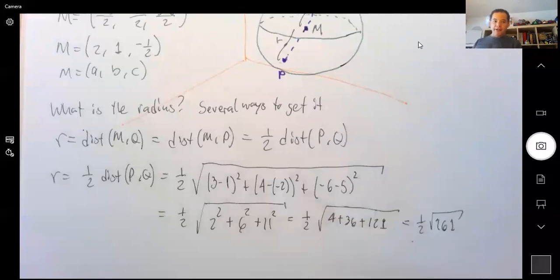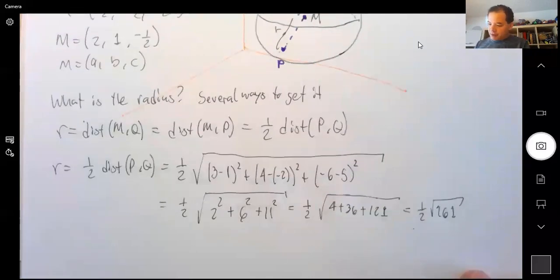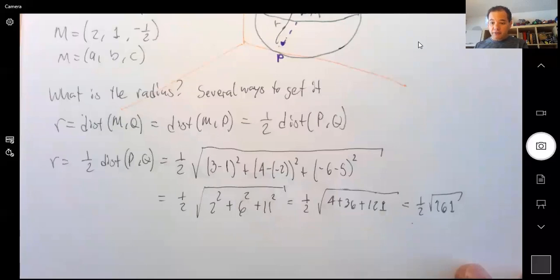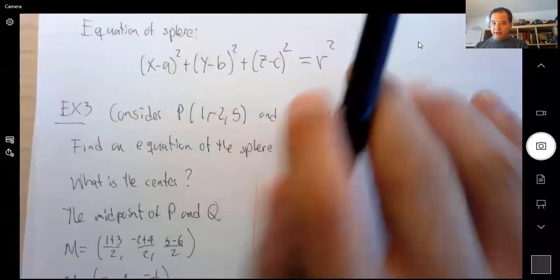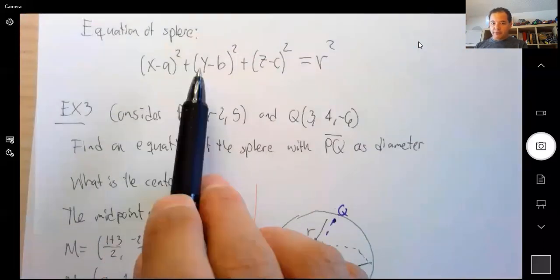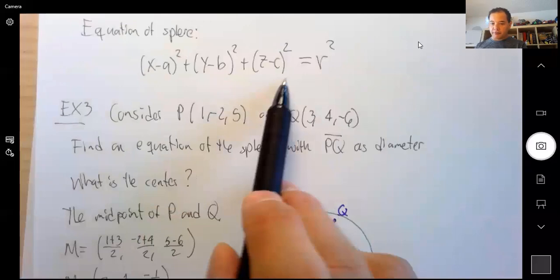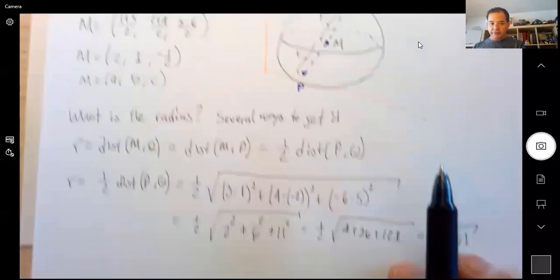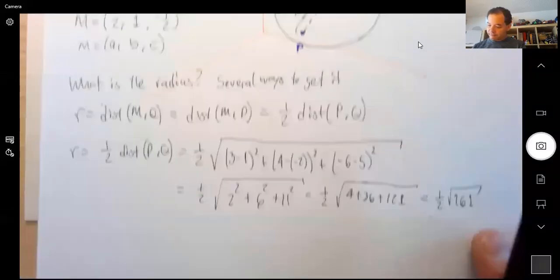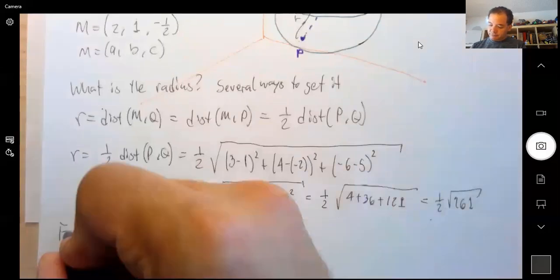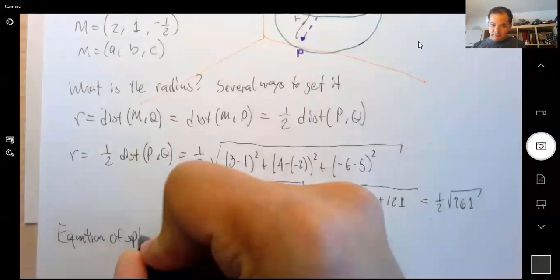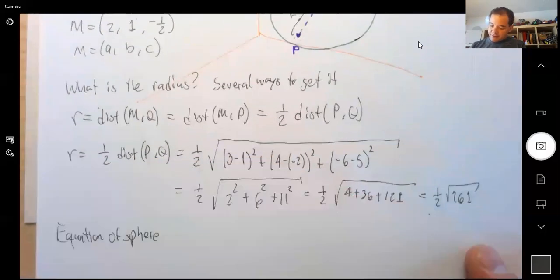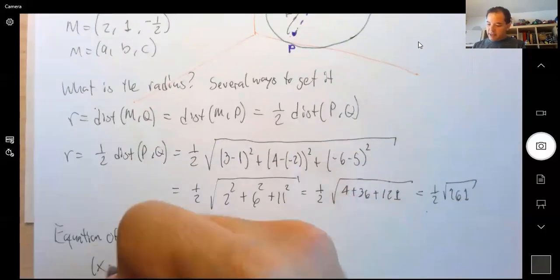So finally, what is my sphere? The equation of my sphere, the problem that we were working with, now we can go over here: (x minus a) squared plus (y minus b) squared plus (z minus c) squared equals r squared. So here's the equation of the sphere. It is (x minus, what is the a?